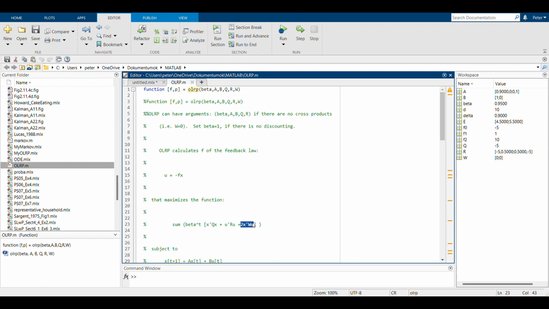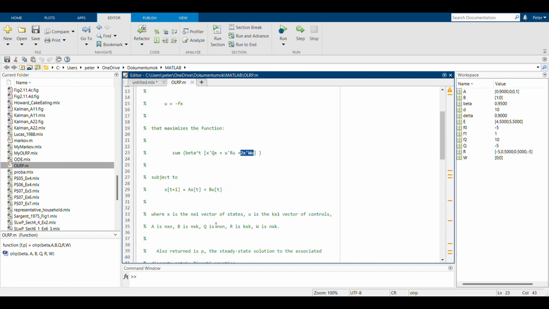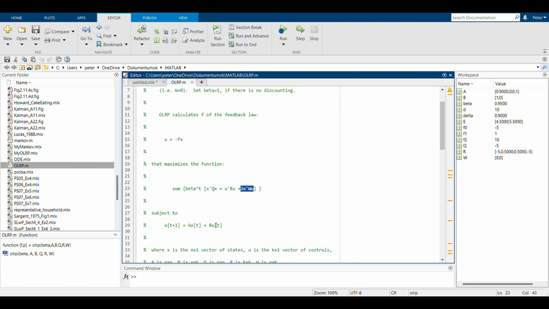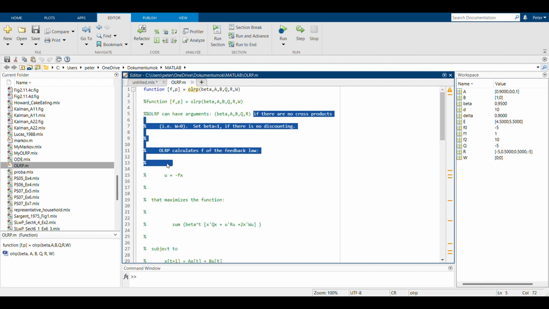It is needed when there is a cross product between the state and the control, and given the fact that we have no cross product, we can set W to 0. If there are no cross products, W is supposed to be set to 0. So this is the reason why we use this technical vector.